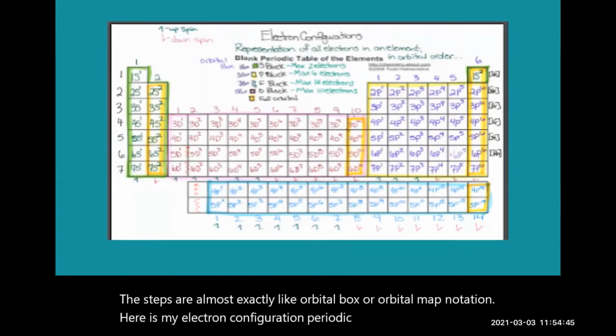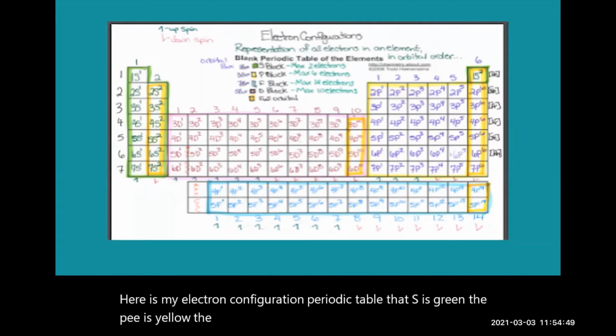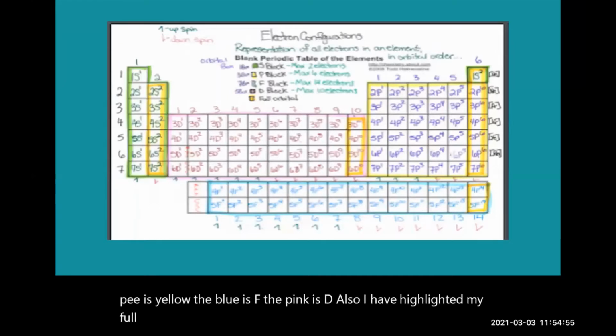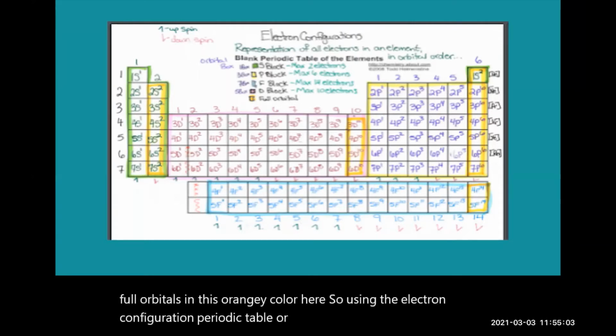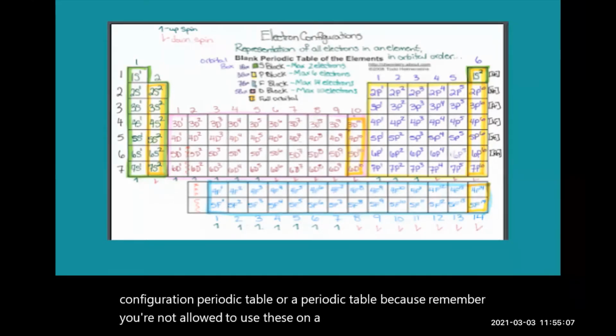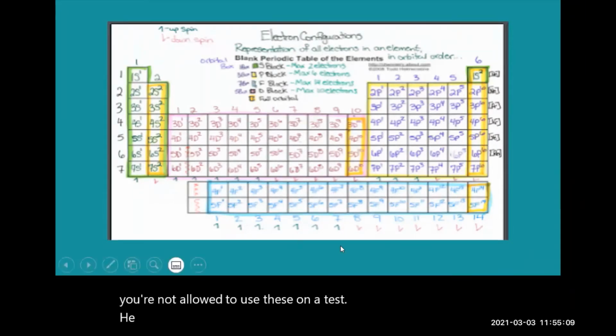The S is green, the P is yellow, the blue is F, the pink is D. Also, I have highlighted my full orbitals in this orangey color. Remember, you're not allowed to use these on a test. You can memorize them.